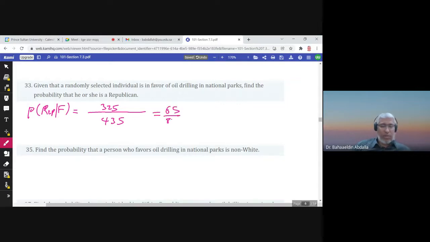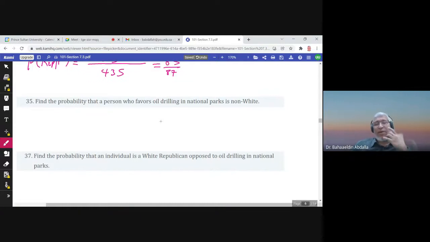Both are accepted. Find the probability that a person who favors oil drilling in national parks is non-white.